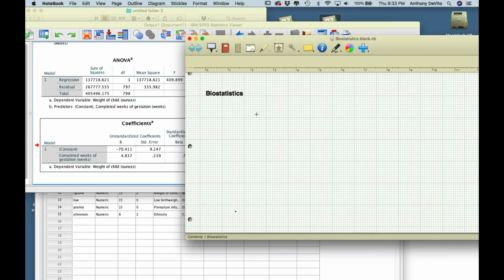Okay, so let's see. The slope that I'm looking for here, y is equal to, okay, the slope, which is 4.8, positive 4.8, equals mx plus b, and b is minus 70. I'm going to round it off for our purpose. Minus 70.